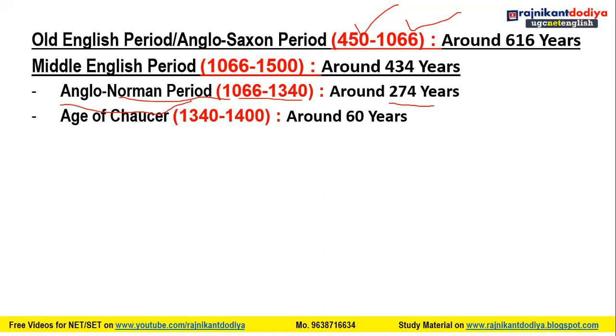The age is also the meeting ground of two important periods. This age is also considered as the meeting ground, as the bridge of two important periods. For example, the medieval period and the Renaissance, medieval ages and the Renaissance.